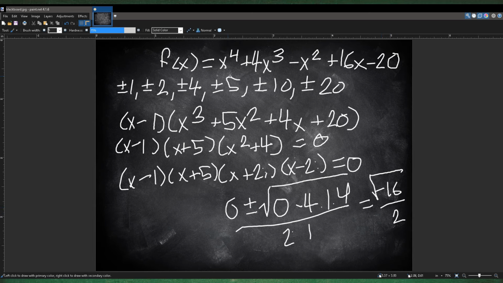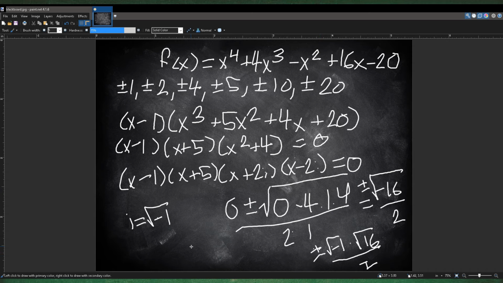You could factor out square root of negative 1 times square root of 16, because that's a radical property, over 2, right? In precalculus, i is equal to the square root of negative 1. And we forgot there's the plus or minus on the outside, which is still a thing.